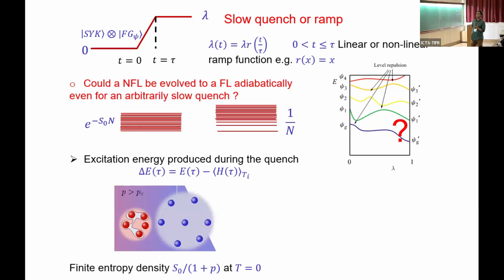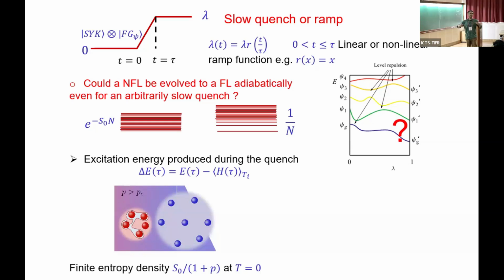So initially, let's say I was at zero temperature for both the Fermi gas and the SYK, but I had some finite entropy at T equal to 0. Now, of course, at long times I cannot really thermalize. If I go to a Fermi liquid state, I cannot really stay in the ground state even if I do it adiabatically, because I have to budget for this entropy that was there initially.